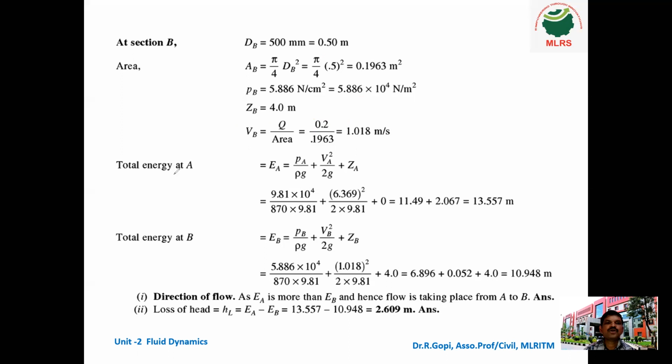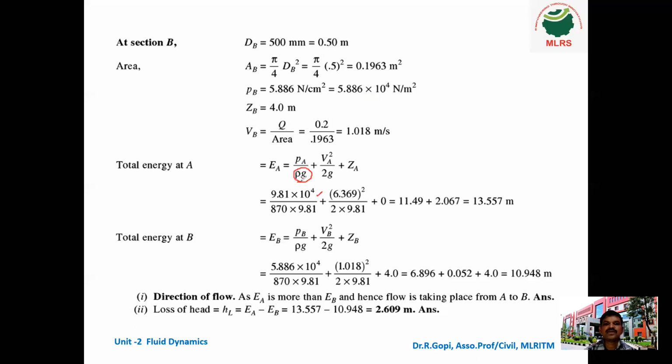Okay. So therefore total energy at A is equal to PA divided by rho G plus VA square by 2G plus ZA. This is the formula. So substitute all the values. Here ZA is equal to 0. PA is 9.81 into 10 power 4, I converted into Newton per meter square, divided by rho.